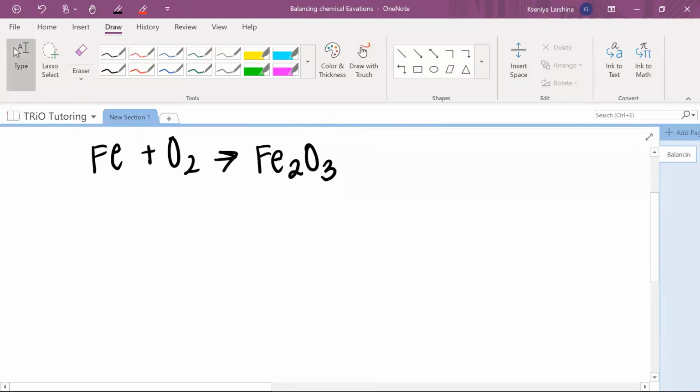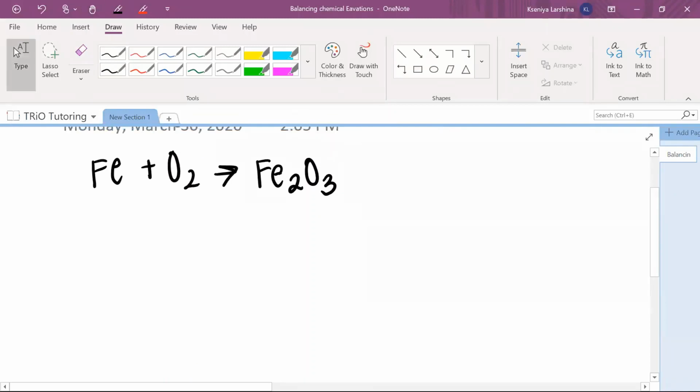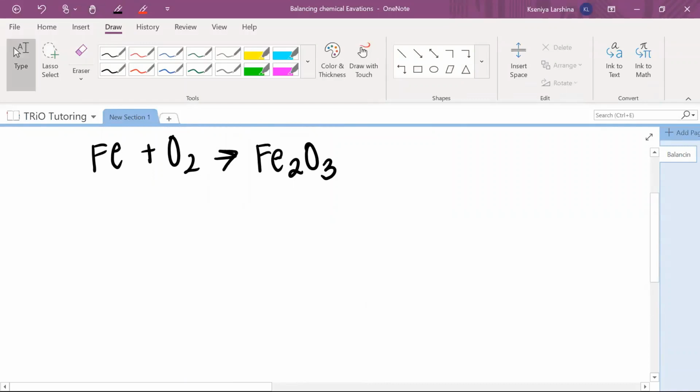So the way you would start first is listing out how much of each reactant and product you have on each side of each element. On this side we have iron and oxygen, and iron and oxygen on this side as well. On this side you have 1 iron and 2 oxygens.